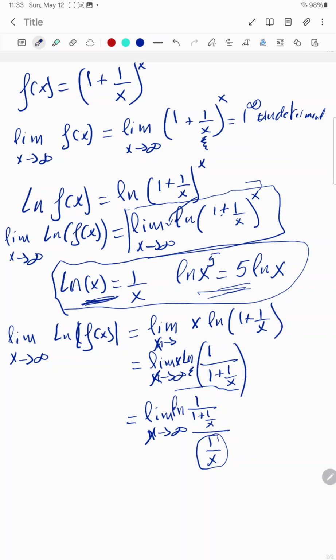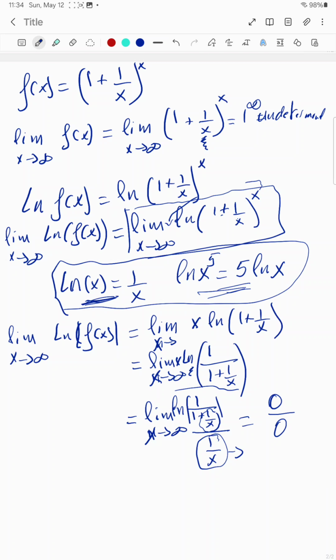So when x goes to infinity, this becomes 0, and I have ln of 1 divided by 1, and here when x goes to infinity, this becomes 0, and I know ln of 1 is equal to 0, so it is equal to 0 divided by 0, and it is undetermined. I can use my L'Hôpital's rule now.